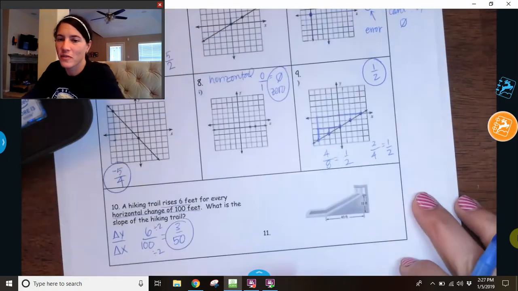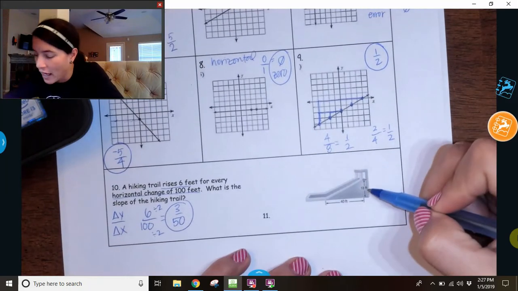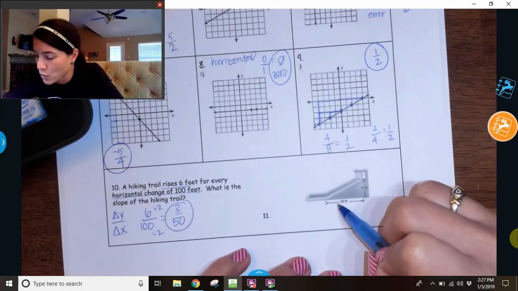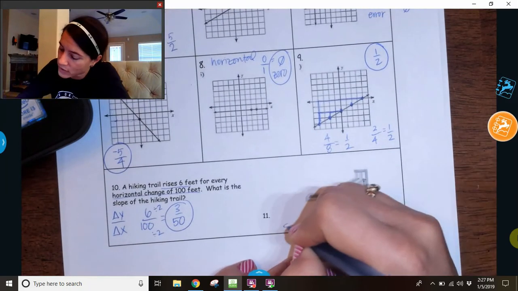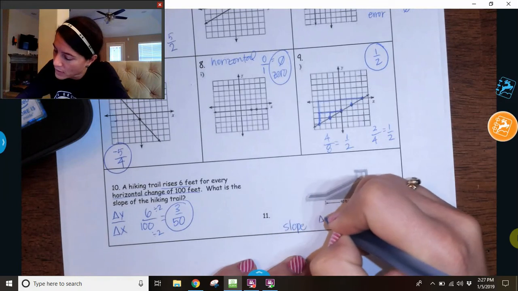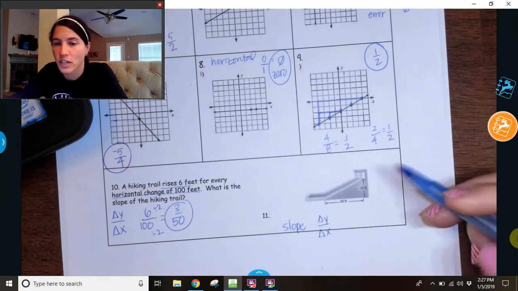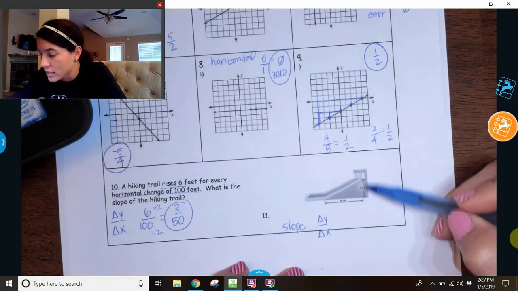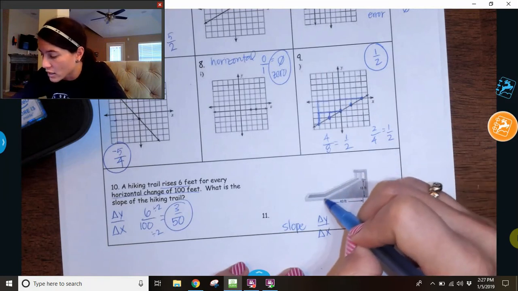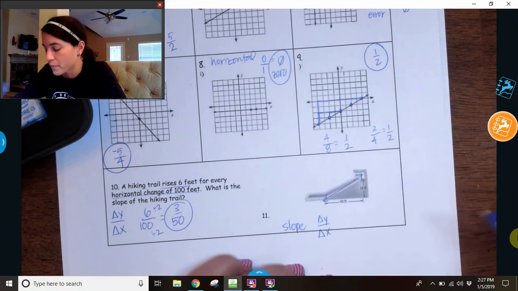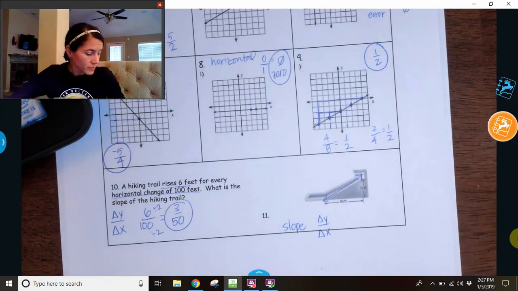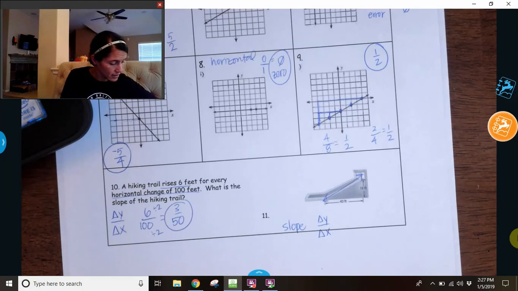Okay, so last one, we have a picture of a slide, and this slide is 18 feet and 40 feet. So I'm thinking it wants us to find the slope. So it's the change in y over the change in x. Now if you're looking at this slide, I'm just going to double check and make sure.